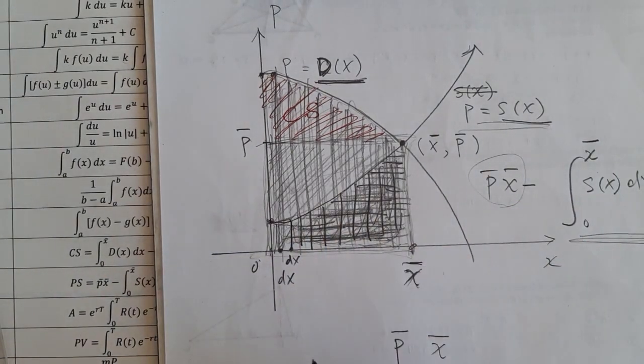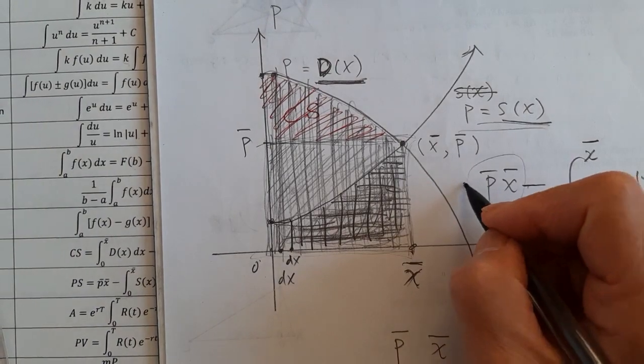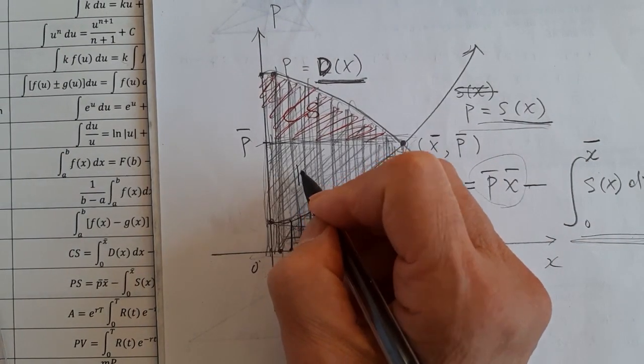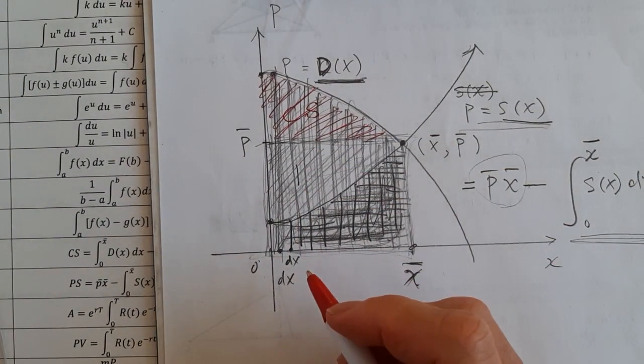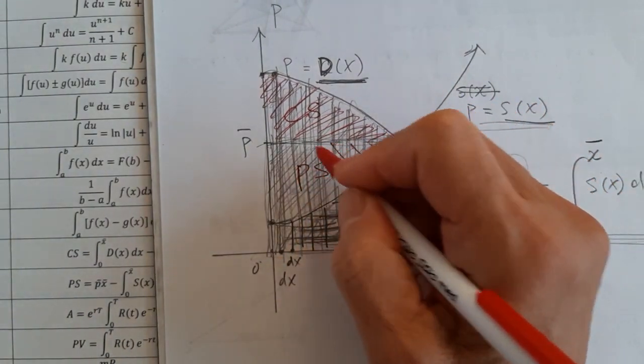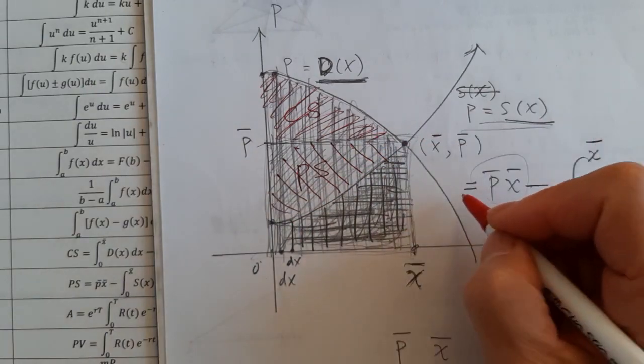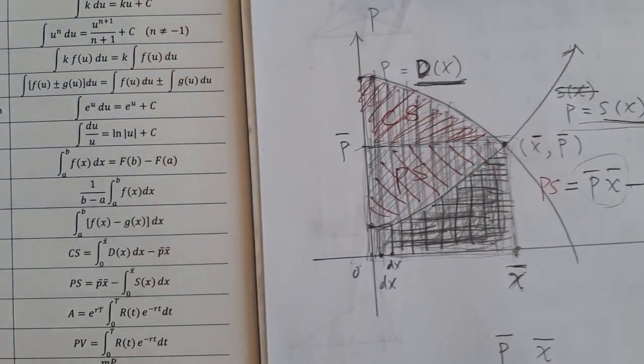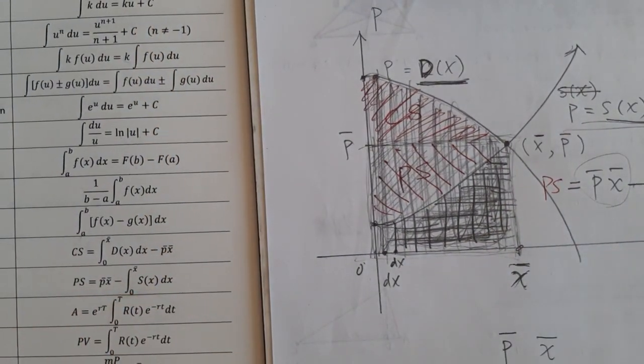The subtraction is called the producer surplus. This area is the producer surplus, PS.